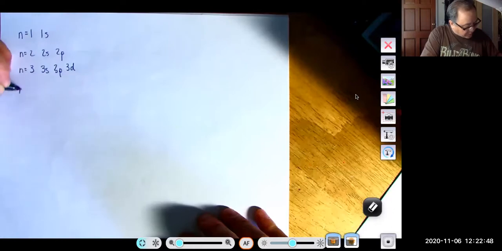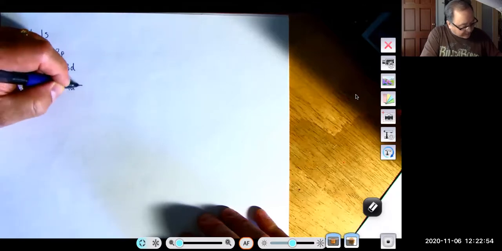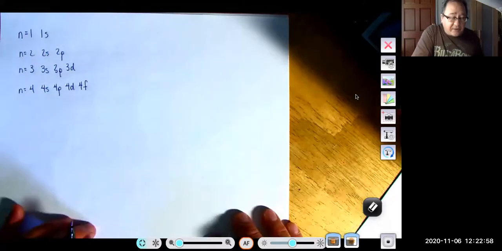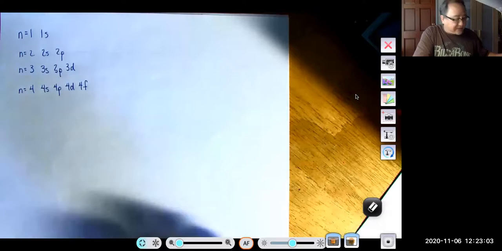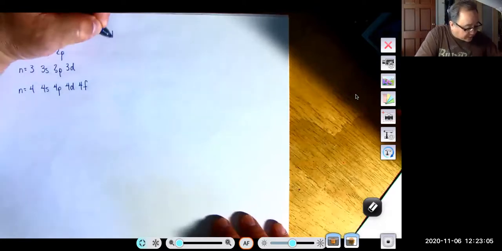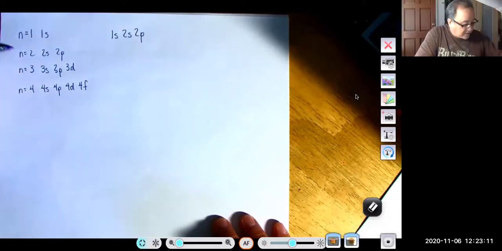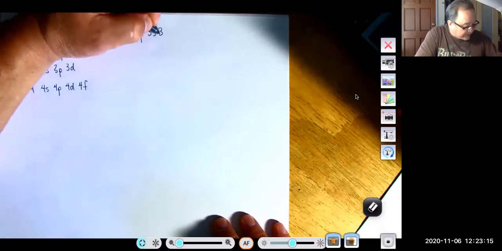For n equal 4, there's a 4s, 4p, 4d, and 4f. So if we put these in order of increasing stability or increasing energy or decreasing stability, 1s is more stable than 2s. 2s is more stable than 2p. 2p is more stable than 3s, and this is the order you would put them in.